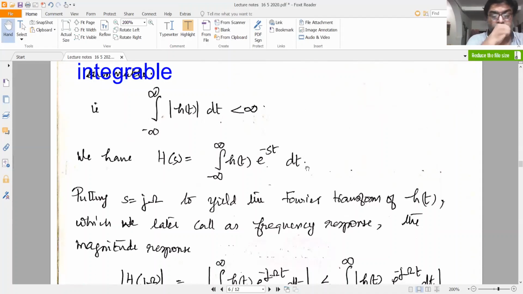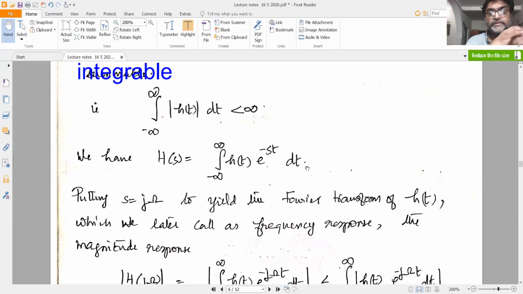Now you also know that the Fourier transform is the Laplace transform evaluated on the j omega axis, which is the y-axis. Where you know that s is equal to sigma plus j omega, and if I put sigma equal to 0, it is just the j omega axis on the s plane.